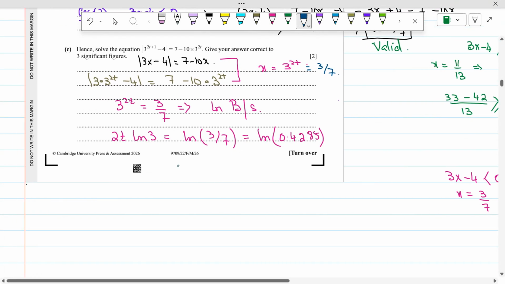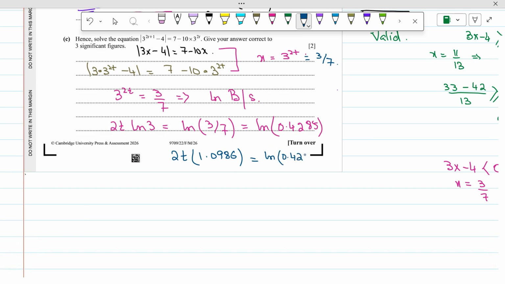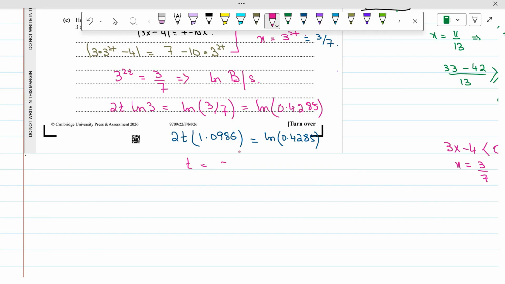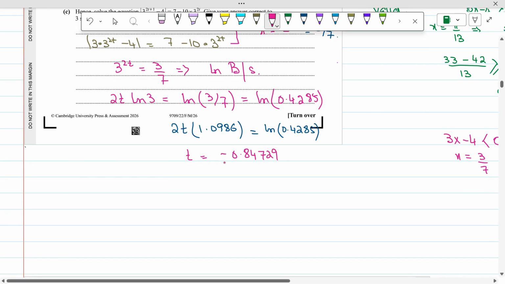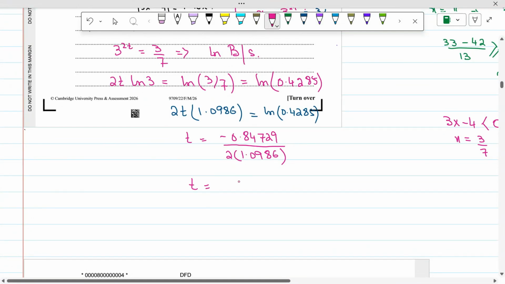Further solving, we will have 2t times 1.0986 is equal to ln of 0.4285. So t is equal to ln of 0.4285, which is negative 0.84729, over 2 times 1.0986.